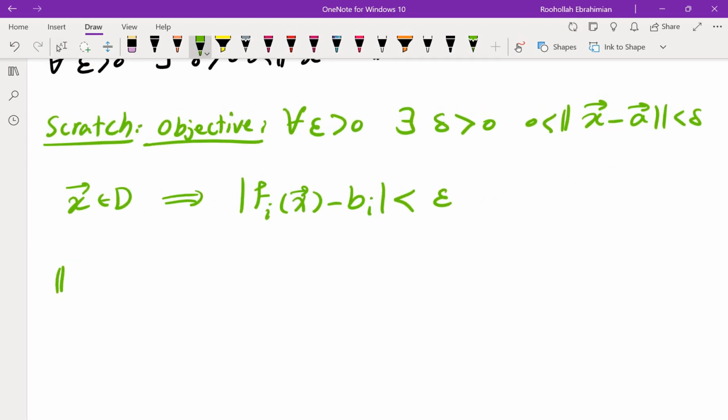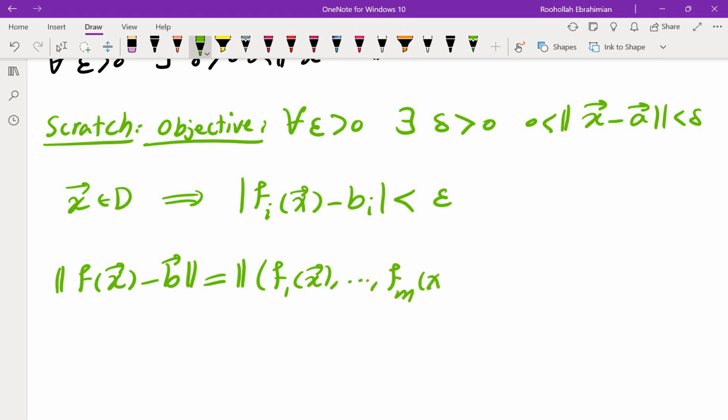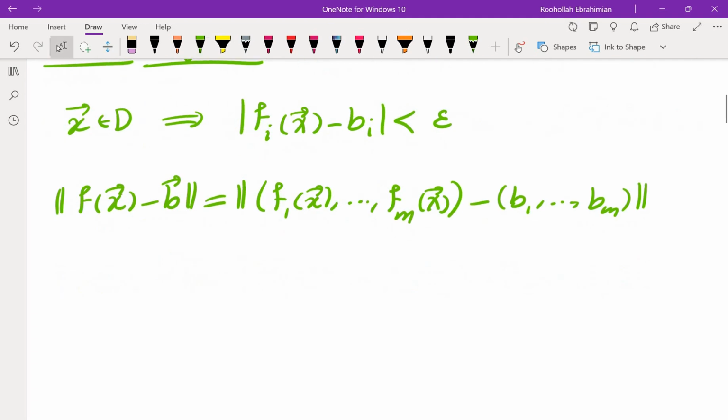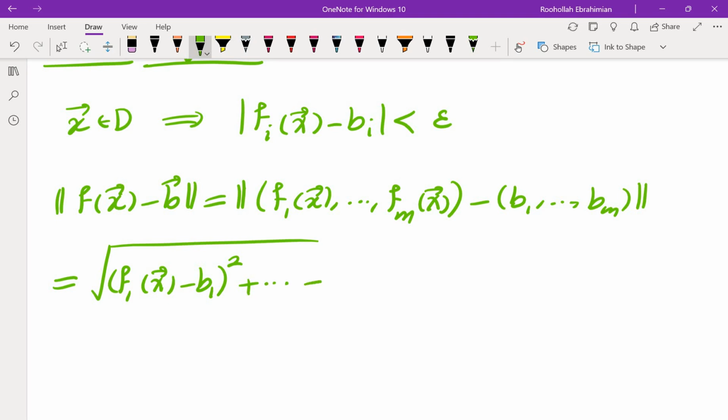So let's write down what it means for |f(x) - b| to be small. This is the norm of (f1(x), all the way to fm(x)) minus (b1 through bm). And this is equal to, if you look at the definition of the Euclidean norm, the square root of (f1(x) - b1)^2 plus all the way to (fm(x) - bm)^2.